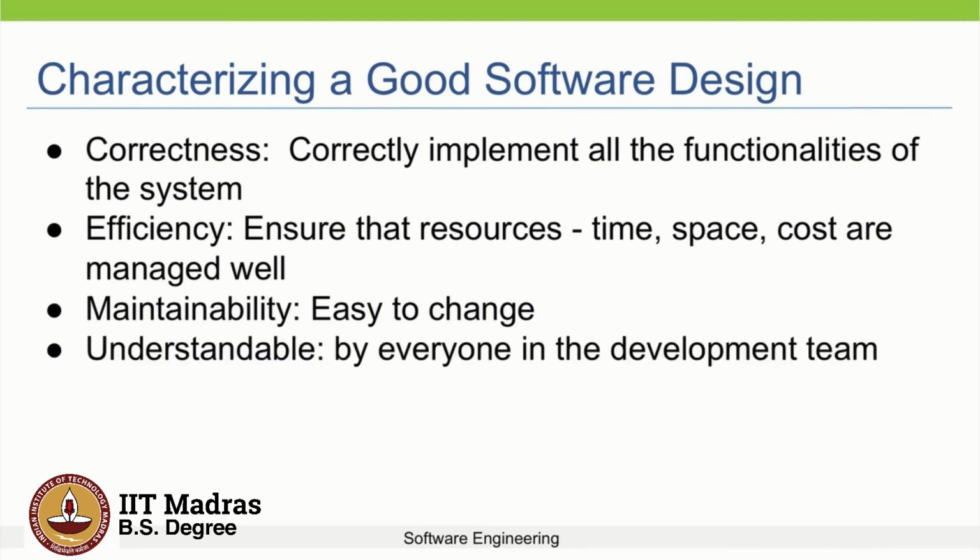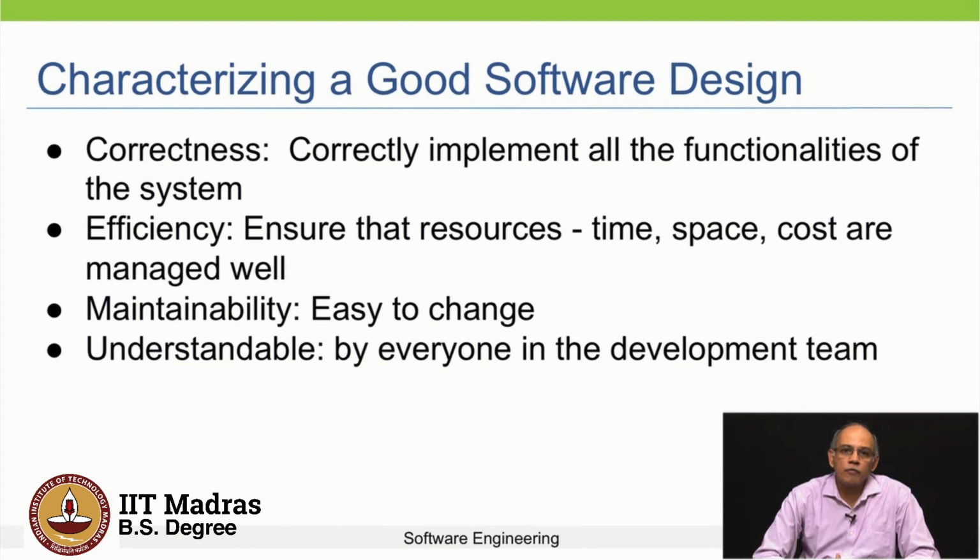And finally, one more important characteristic of good software design is understandability. What do we mean by understandability and why is it important? Understandability simply means that everyone in the team should be able to follow the design. Unless everybody can understand the design, they will not be able to implement the system, which can in turn lead to bugs and higher development as well as maintenance costs.